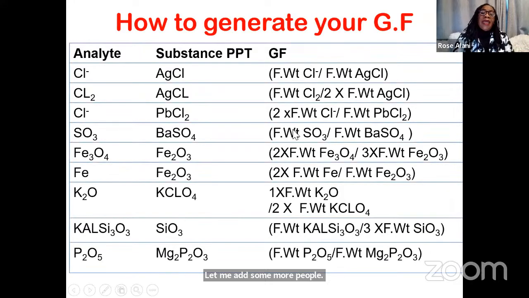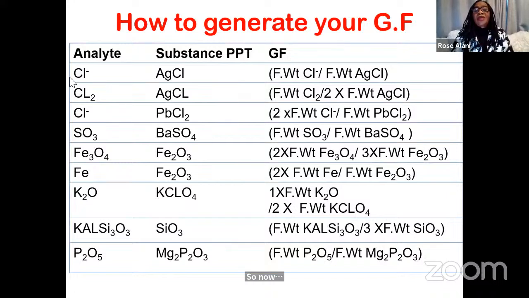So now look at this table, how to generate your gravimetric factor. For analytes like chloride ion, which is in the precipitate of silver chloride, the formula weight of chloride divided by formula weight of silver chloride is your gravimetric factor.